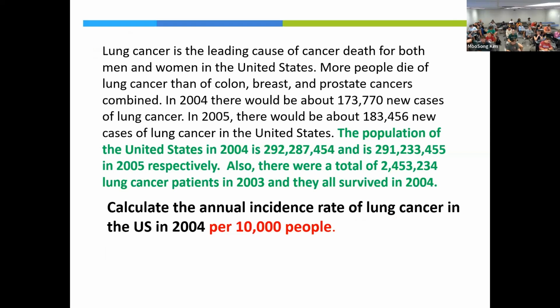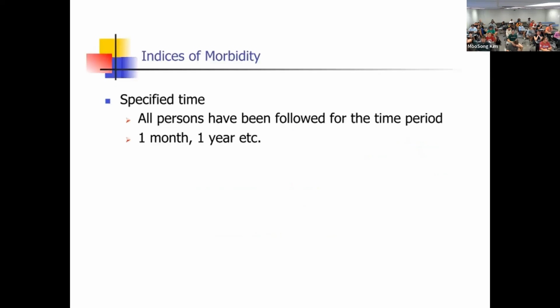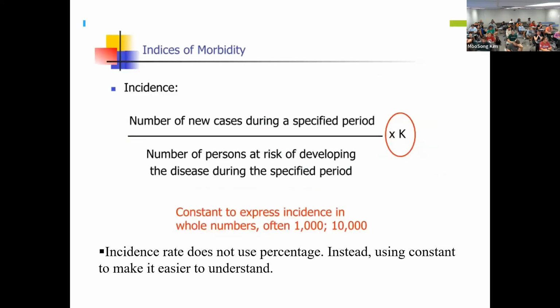Let's take this example question. Read the question: let's get the incidence rate of lung cancer in the United States in 2004 per 10,000 people. So go back to this formula.